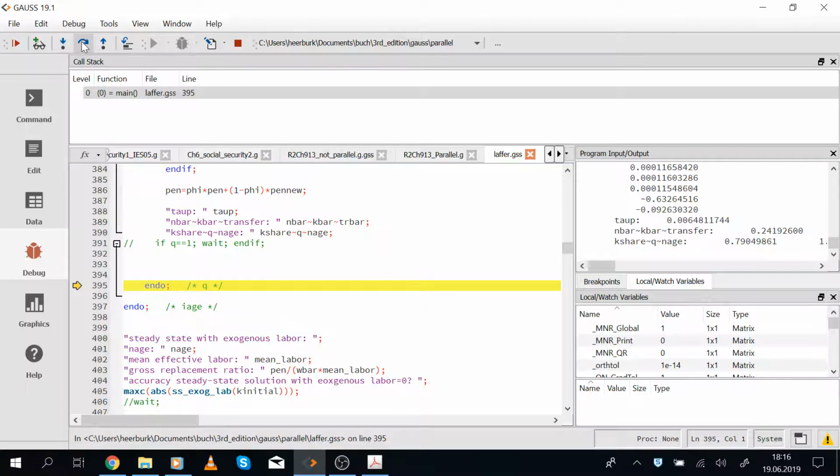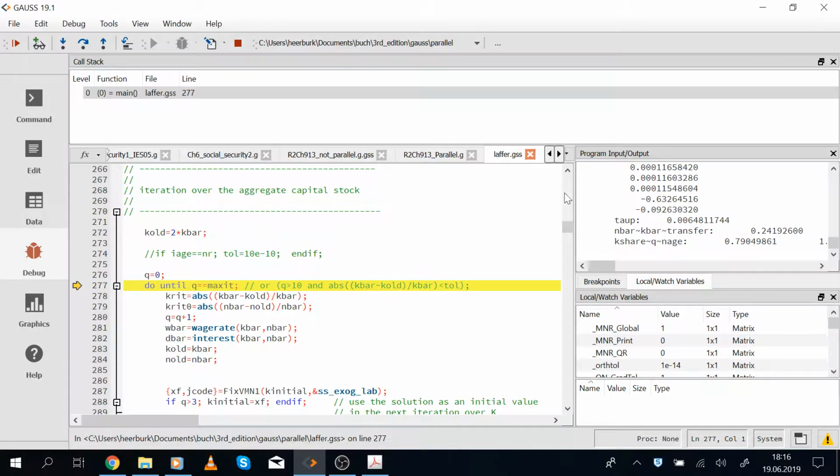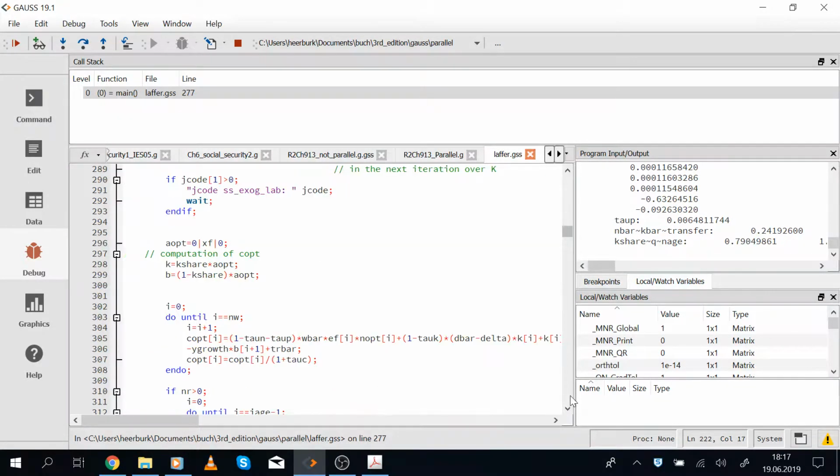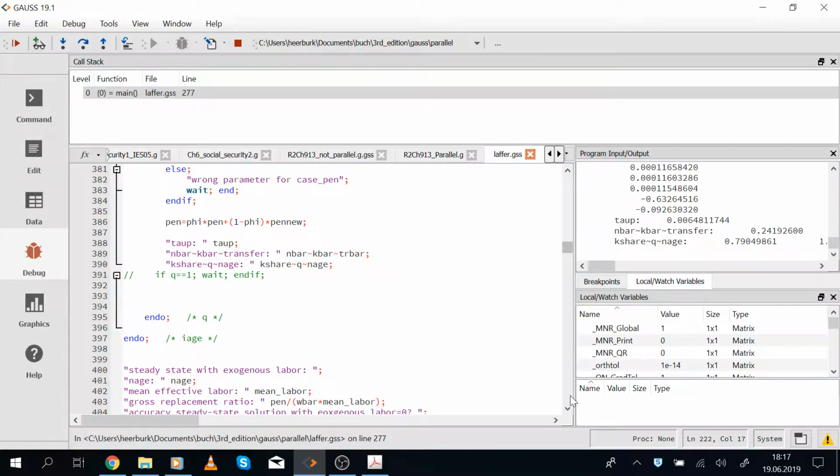And when we have computed this equilibrium, we increase the h by 1 here in line 222, and we do the computation of our overlapping generations model with exogenous labor supply for a model with an additional cohort of retirees. So this continues over another 25 iterations until we have computed the model with exogenous labor supply for 70 periods.